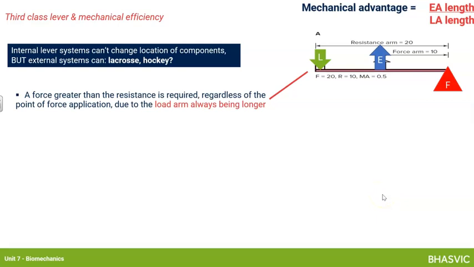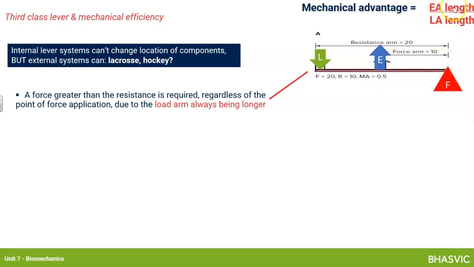So let's just look at these images and diagrams again to illustrate third-class lever system manipulation, if it is possible to change any factors relating to this. So if you've got a load arm of 20 and an effort arm of 10, what we've got is 10 over 20.